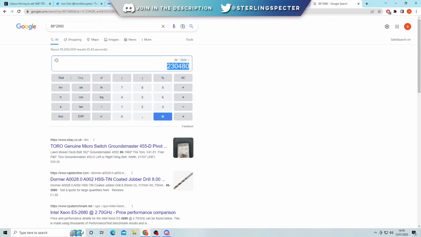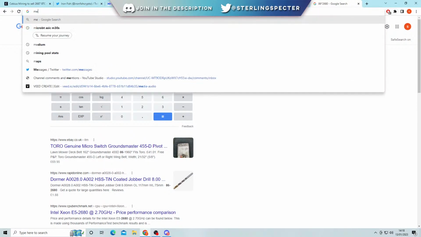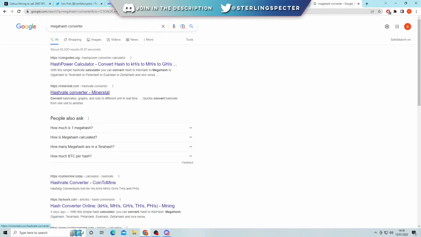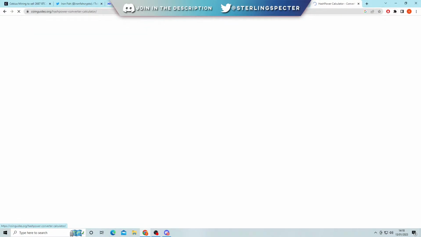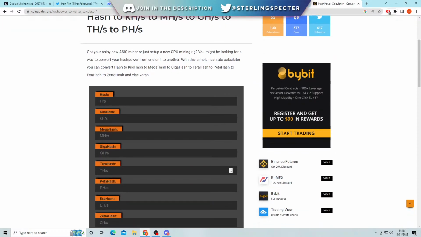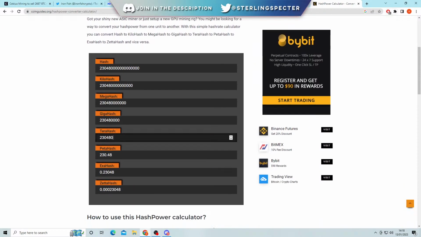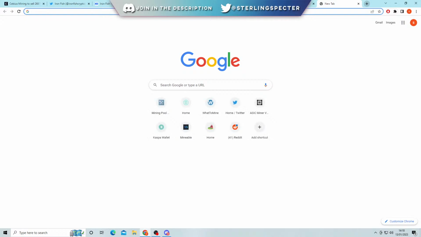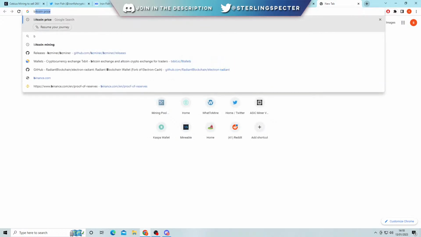So what's that in a hash converter? Let's go here. So that's a fair amount in terahash, petahash and exahash. Normally the Bitcoin network's working at around, I think, something like 120 exahash.